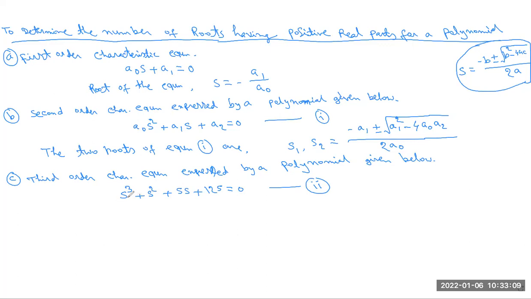When you put a value and check, and the total equation is equal to 0, then this is basically one factorization, that is s plus or minus something. So when you solve this equation, the factorization comes.